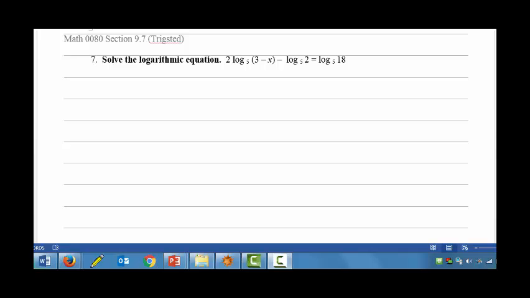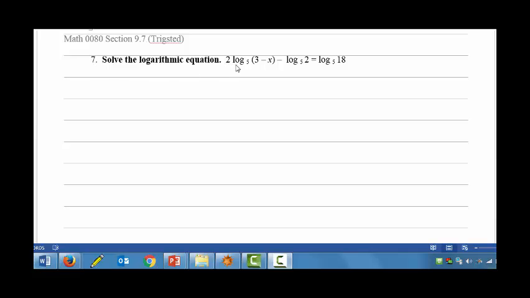Okay, so now we're going to look at a log equation where we have more than 2 logs involved. So the first thing we want to do is to take this left side and write it as a single logarithm. So first I'm going to use the power property for logs.